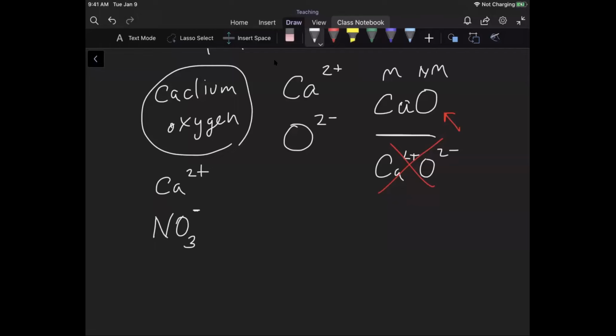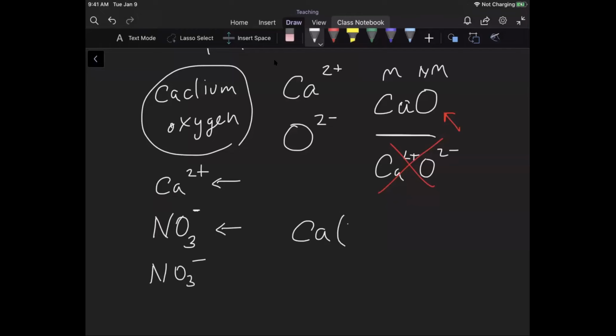That's a polyatomic ion that always stays together as a unit. When I have NO3 minus, it sticks together, it doesn't break apart. So I need a certain number of those to match the charges I have on the 2 plus from the calcium. When I write the chemical formula, I write calcium, and I know that it's 2 plus, so I need to balance it with 2 of these NO3 minuses. The minus 2 adds up to the plus 2 from the calcium.